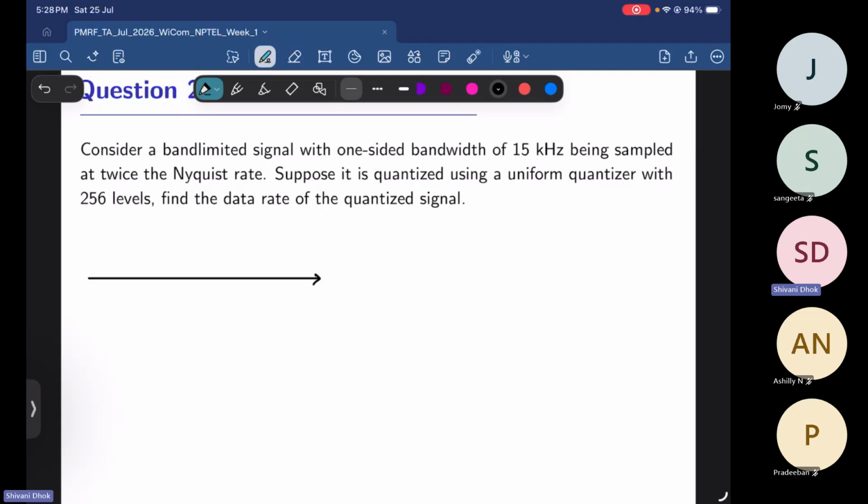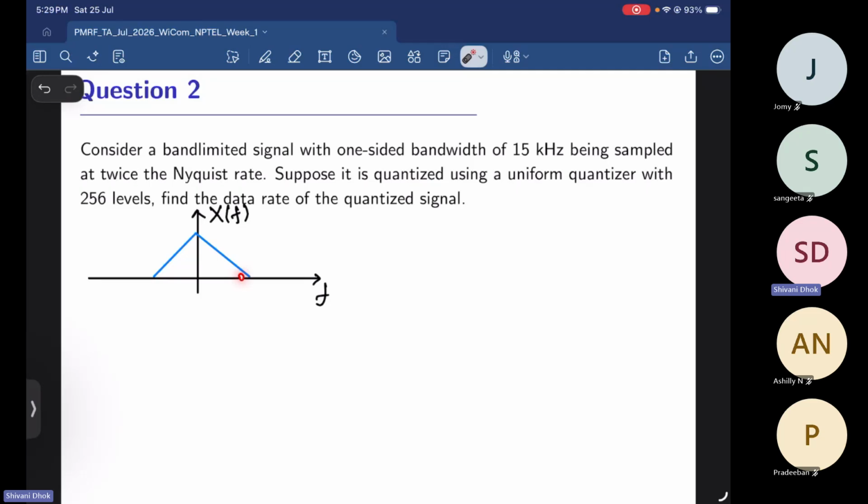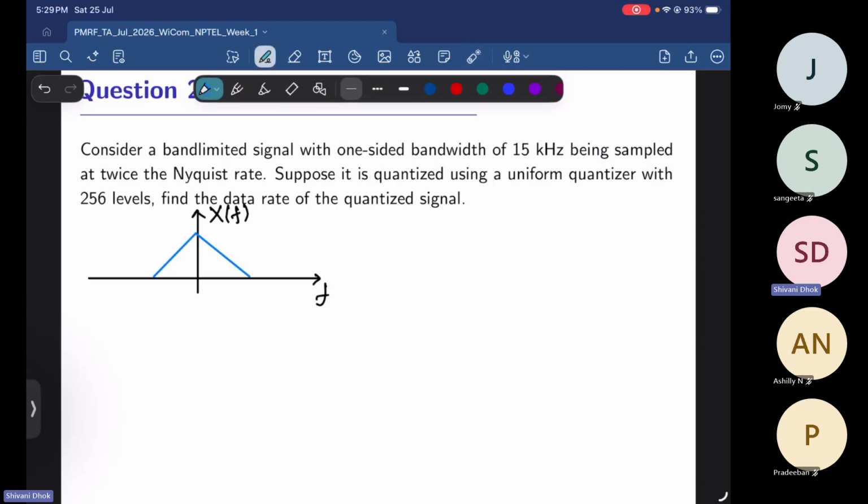You have this frequency axis, and if I plot the Fourier transform X of f of this signal, it is limited within a band, something like this, and it is zero everywhere outside this band. So this signal is limited only to this band, and hence it is known as a band limited signal. It has the maximum frequency, FM, of 15 kilohertz.